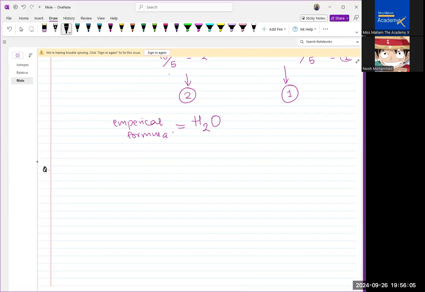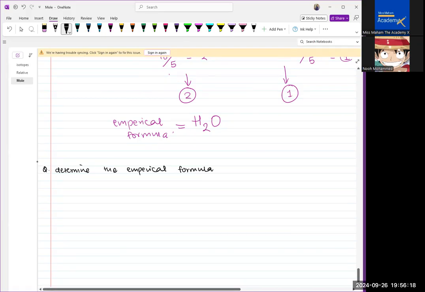So the question is, determine the empirical formula of a compound that contains 85.7% carbon and 14.3% hydrogen.